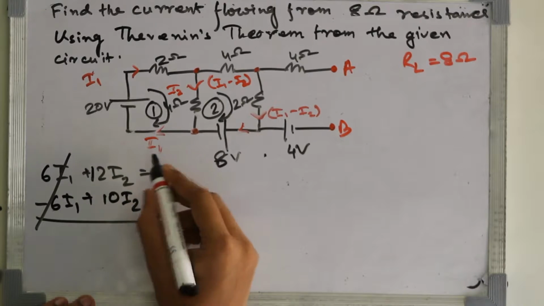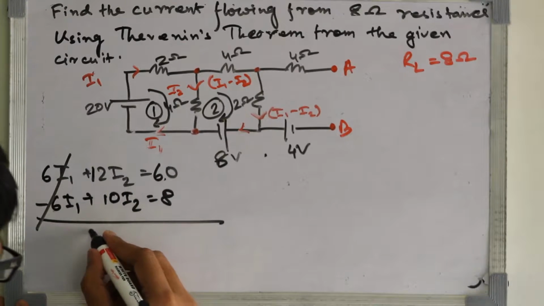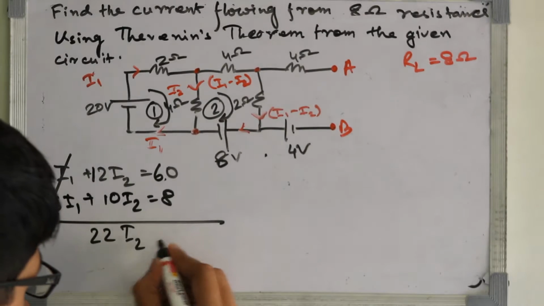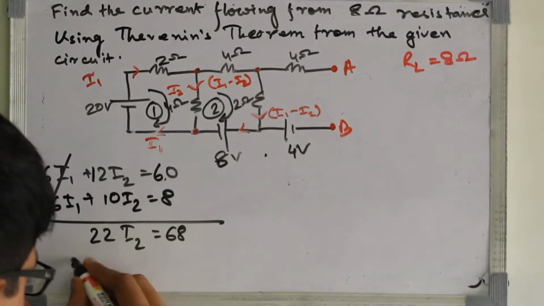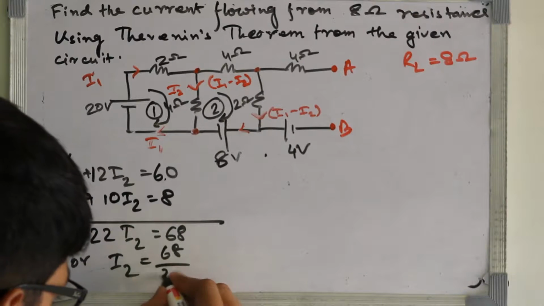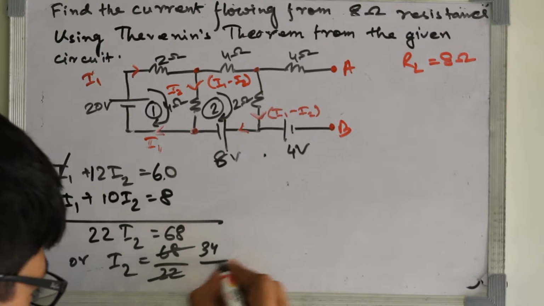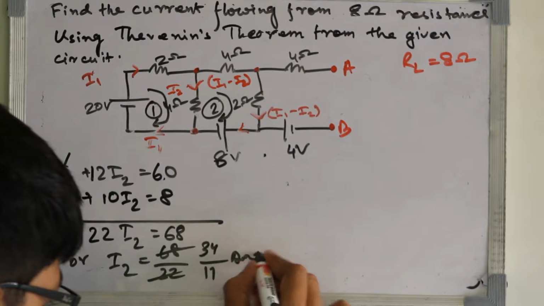Sorry, this is not 20, this will be 60. So we will get 22I2 equals 68, or I2 equals 68 upon 22. So this is 34 by 11 amps.